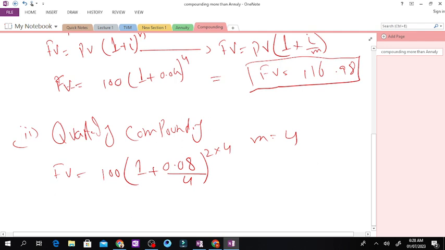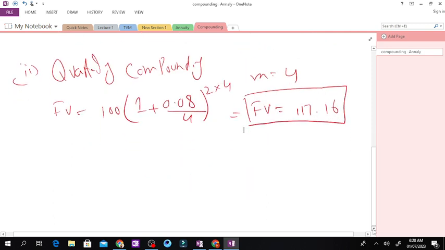So what will be the amount you would receive? Future value would be 117.16. Okay, so that is for the quarterly compounding system.